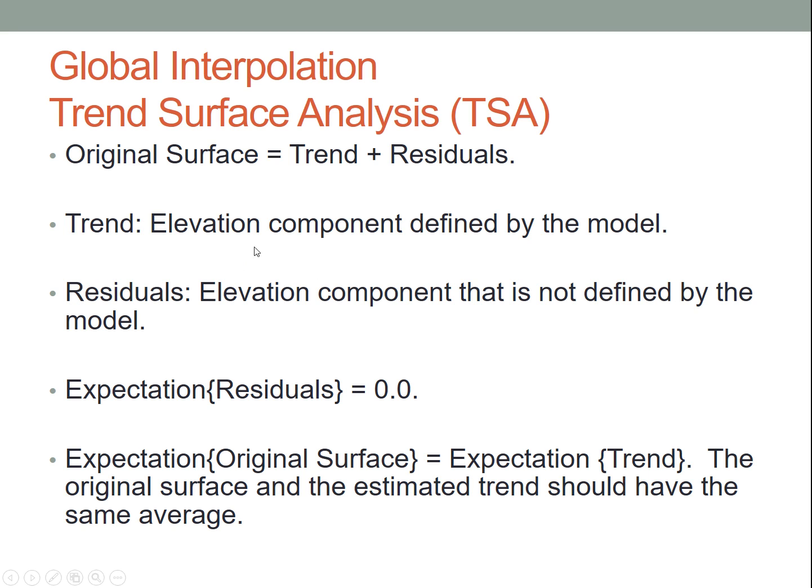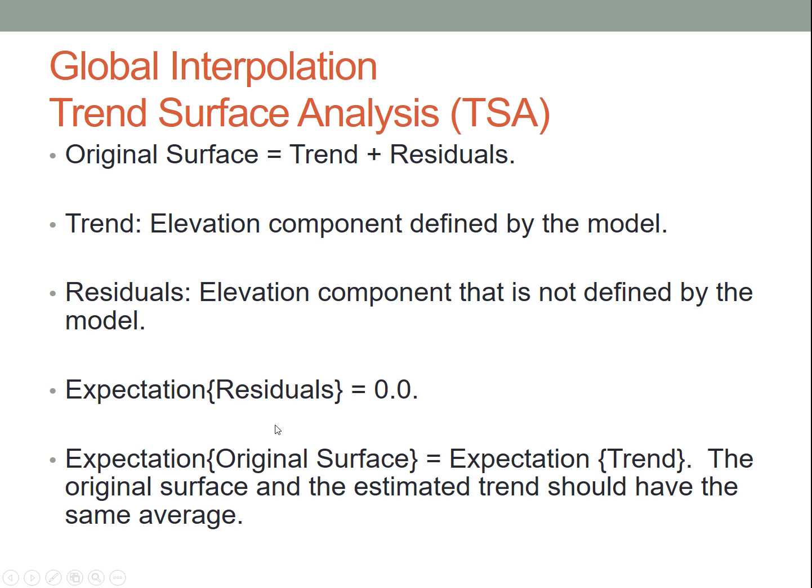The trend is defined by a model. It's the elevation defined by the model. The residuals is the elevation that is not defined by the model. So you can kind of think of it as the error. We expect that the residuals will be 0 statistically, and we expect that the original surface is going to be the trend.